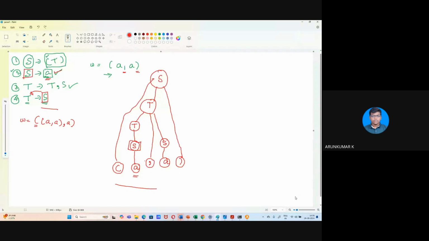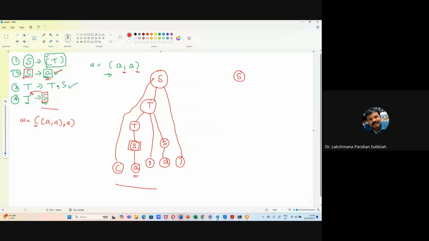Yes, sir. Okay. Now this is bottom up parsing, right? In the top down, how do you do that? We start with the root symbol.